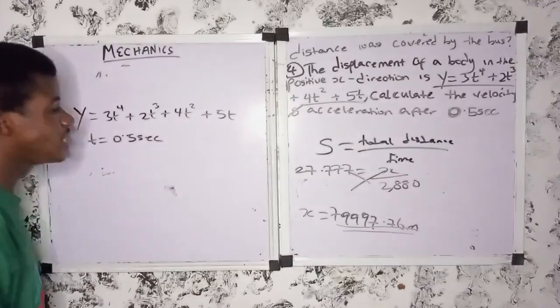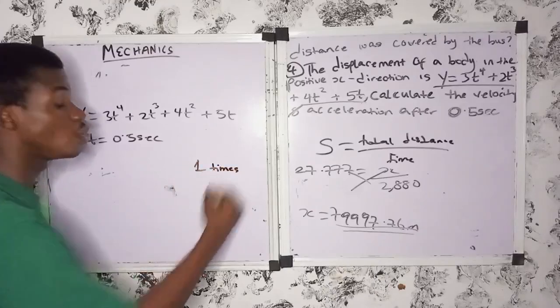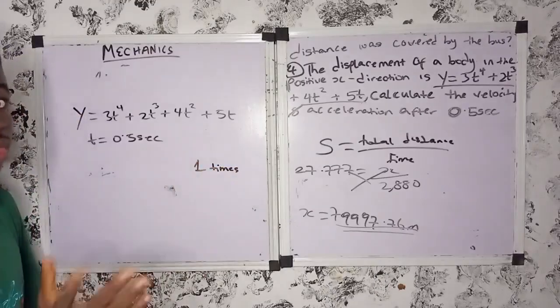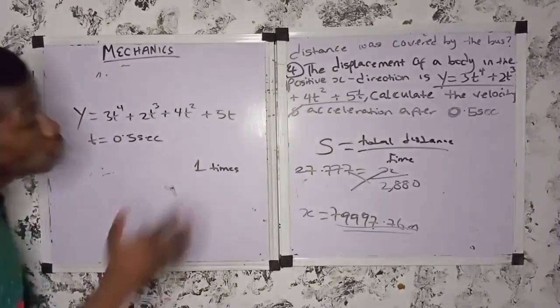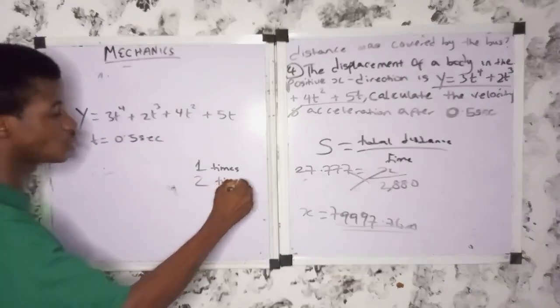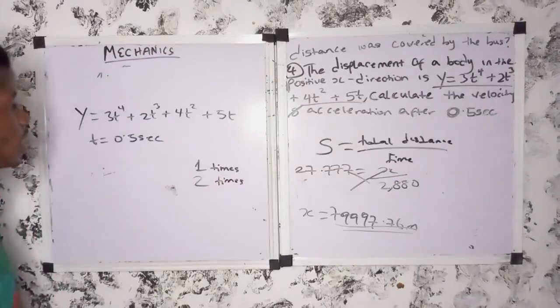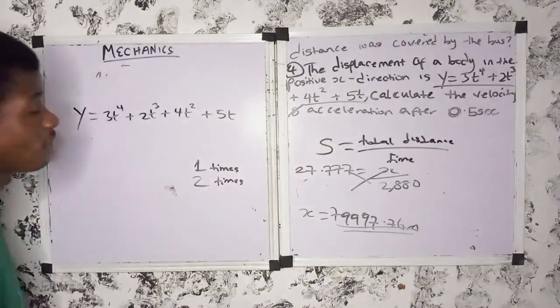To look for velocity, we differentiate one time. To look for the acceleration, we differentiate two times. I'll teach you guys how to differentiate for those that don't know how. Remember, the time is 0.5 seconds.